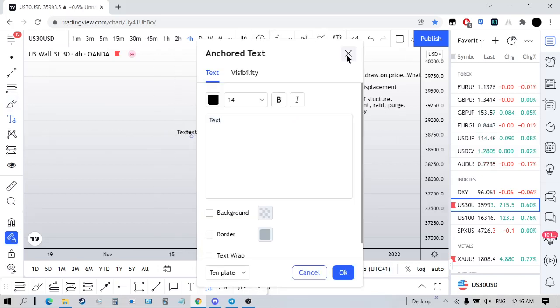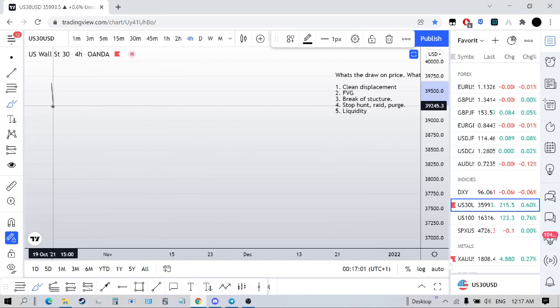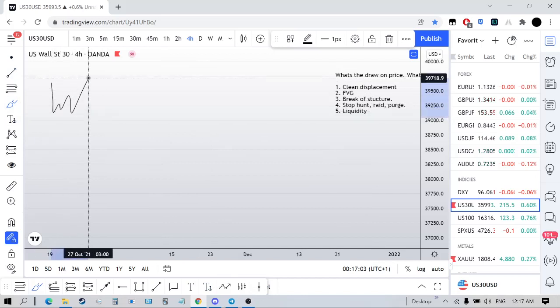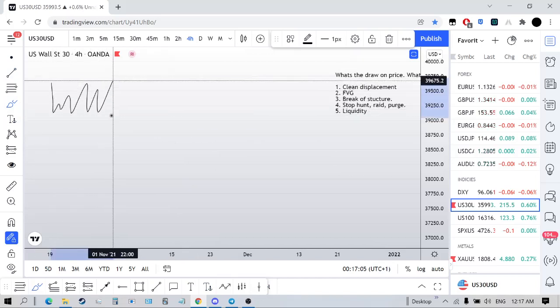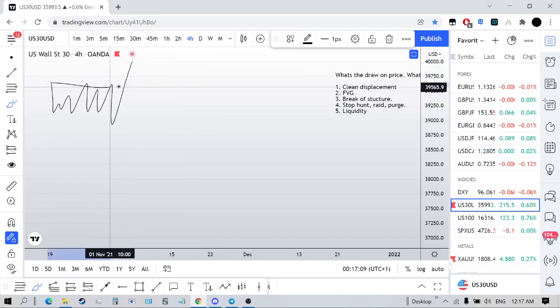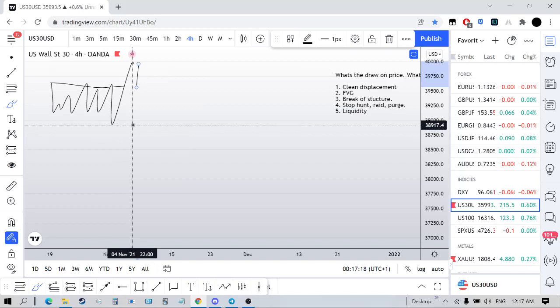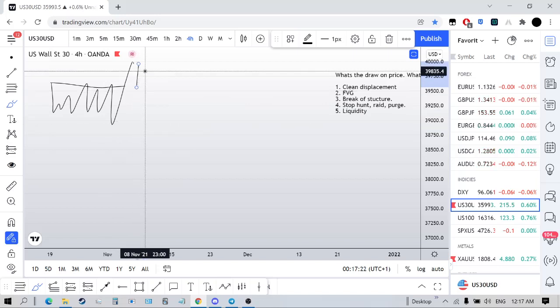Let me draw this up so I can give you a visual. A lot of times I look for liquidity to be built up above highs, and I look for it to get raided. Whenever you have a down-up candle and a down candle after, sometimes I don't need a break of structure, because I know it's highly probable for me to get in with my context once price comes into that order block.